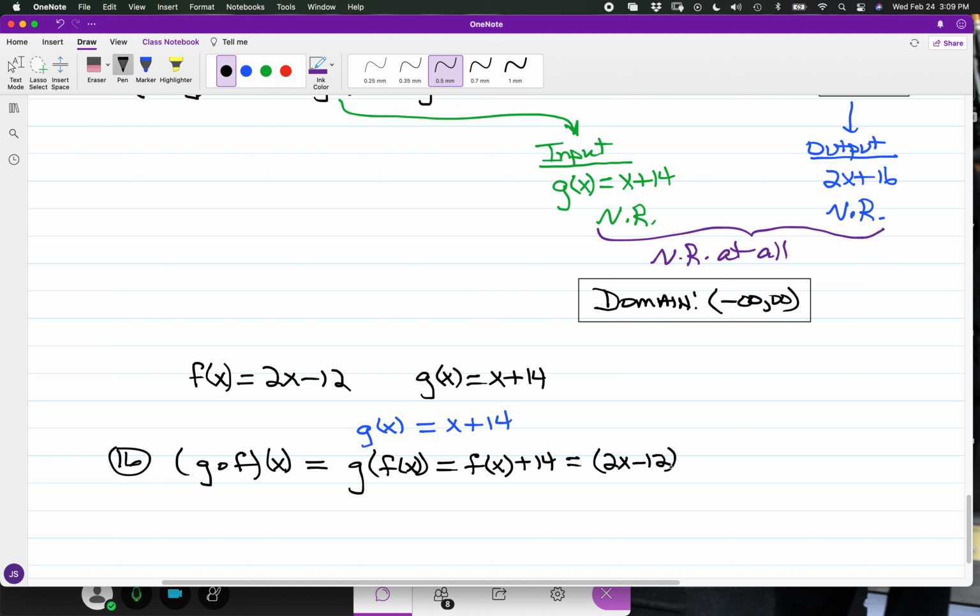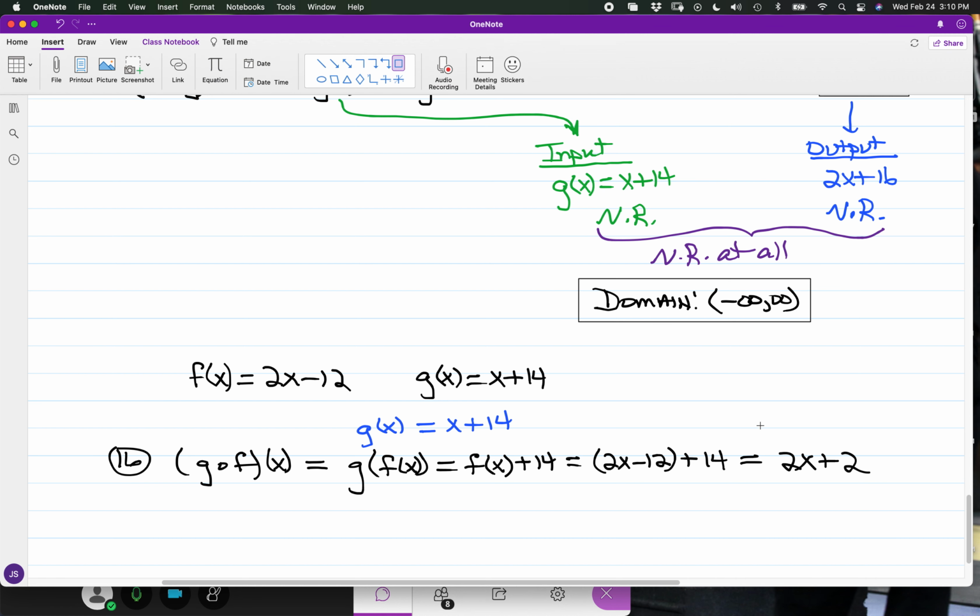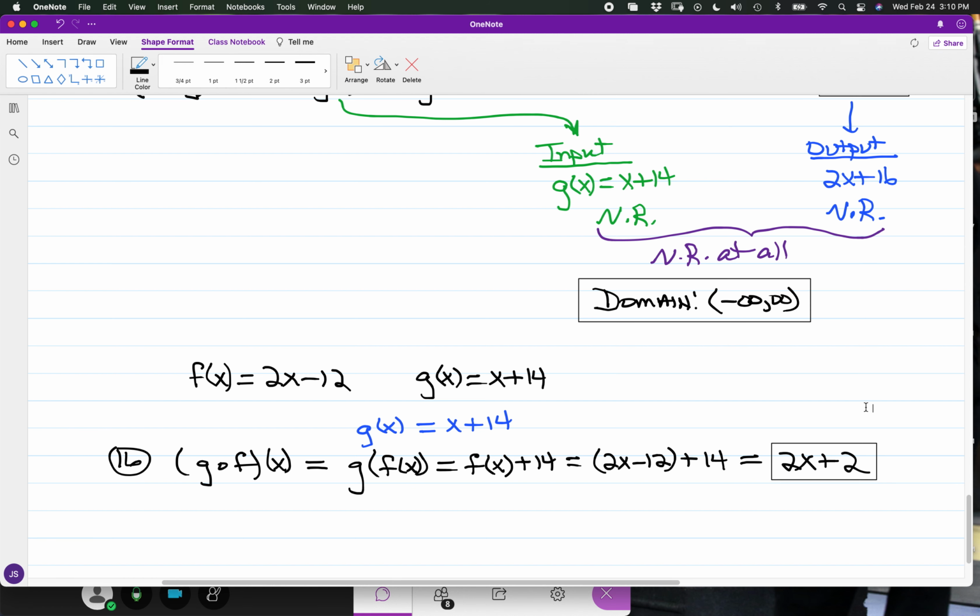We have adding 14. And what's going to happen here, we have 2x, and minus 12 plus 14 comes out to a positive 2. And so that will be the resulting composition here.